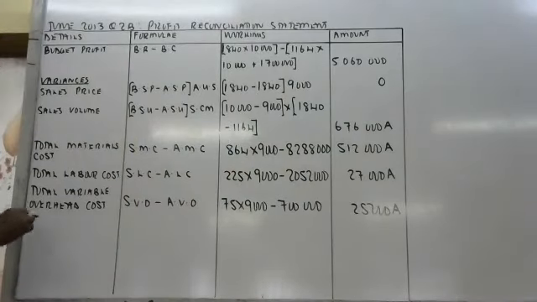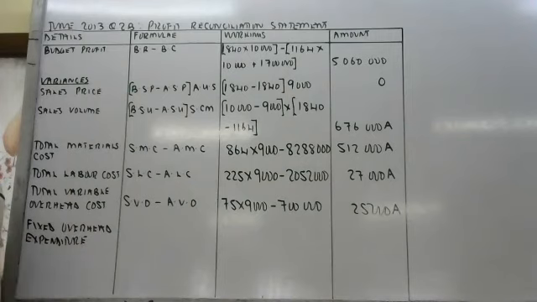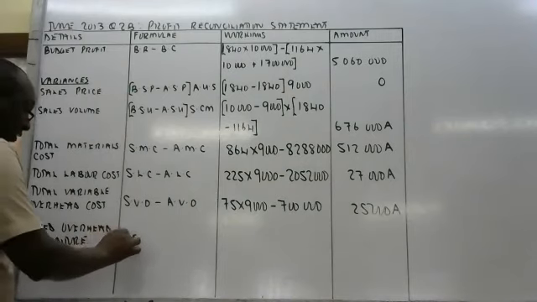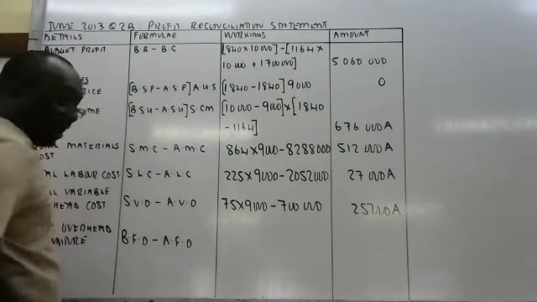The last one is fixed overhead expenditure. This is budget fixed overheads minus actual fixed overheads.